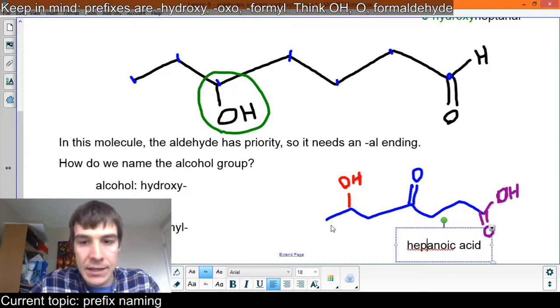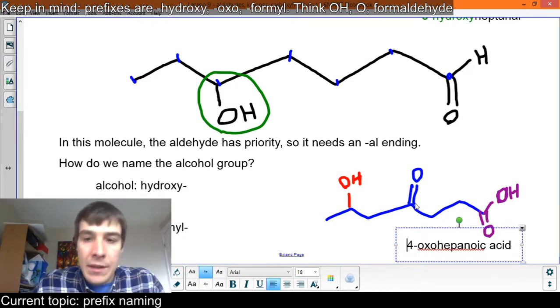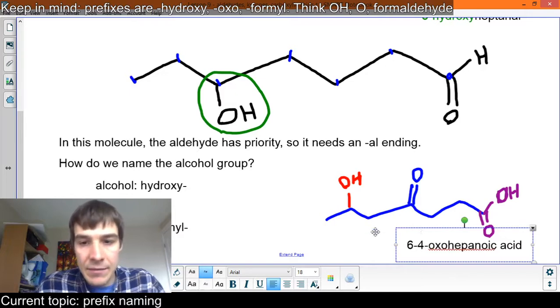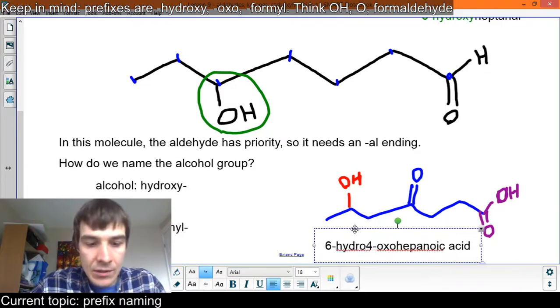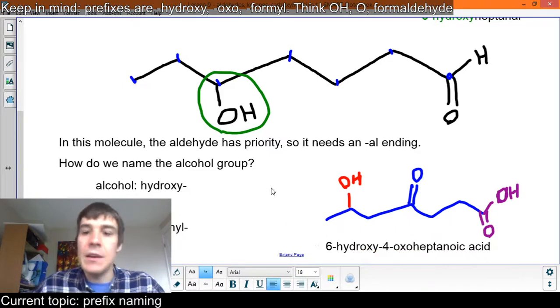It's some kind of heptanoic acid. And then this is 1, 2, 3, 4. It's a 4-oxo. 5, 6, and the 6, because of alphabetical order, 6-hydroxy 4-oxo heptanoic acid.